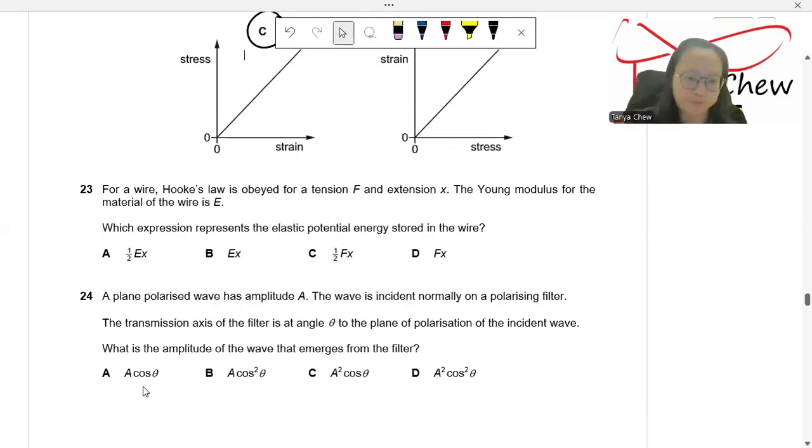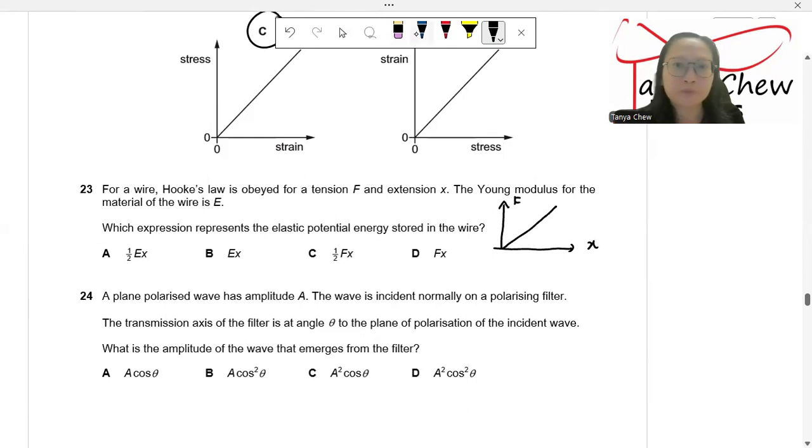Question 23. For a wire, Hooke's law is obeyed for a tension F and extension x. Young modulus for the material of the wire is E. Which expression represents the elastic potential energy stored in the wire? Now, when you plot the F-x graph, it is a straight line graph because it obeys Hooke's law.